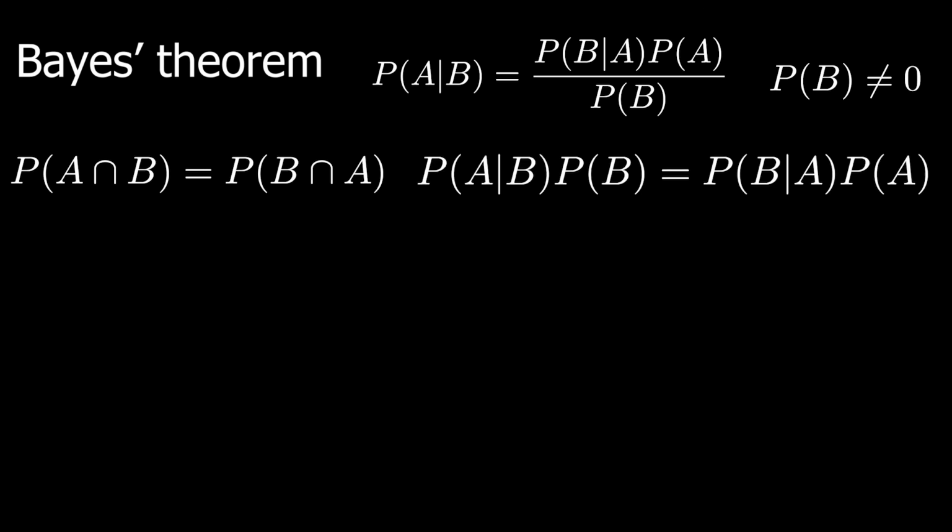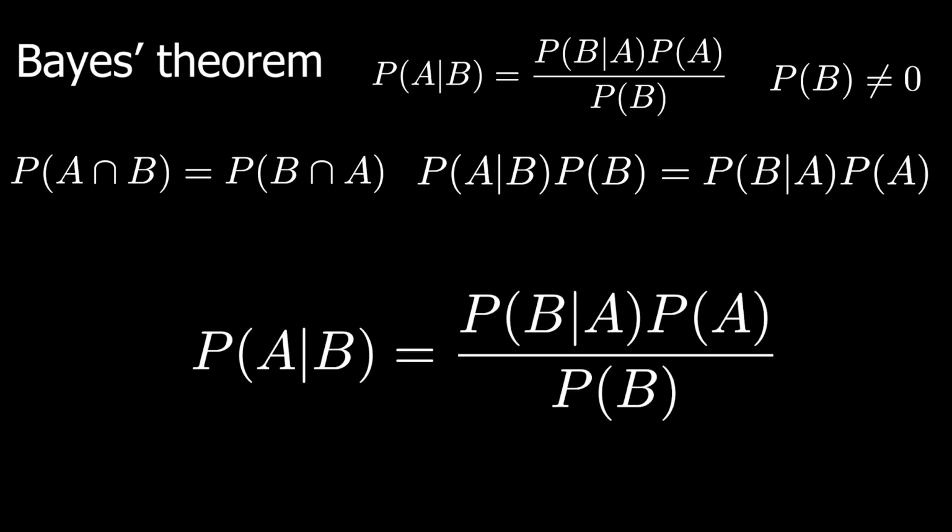Let's use the second formulation of conditional probability on both sides. P of A given B times P of B equals P of B given A times P of A. P of B is by assumption not zero, so we can divide by it on both sides. This yields Bayes' theorem. This is a profound theorem that relates A given B to B given A.